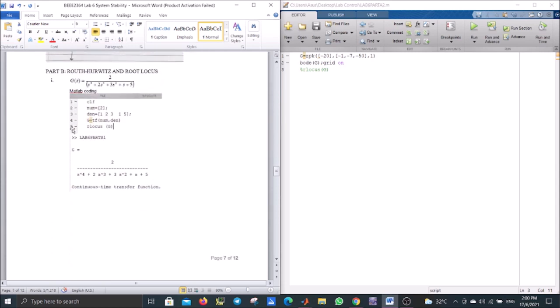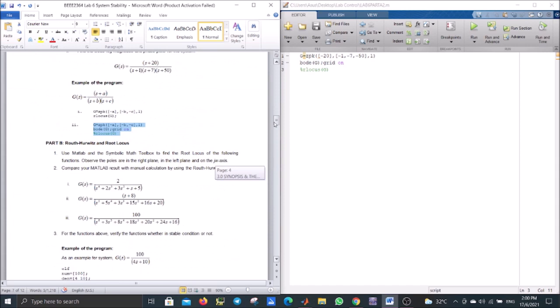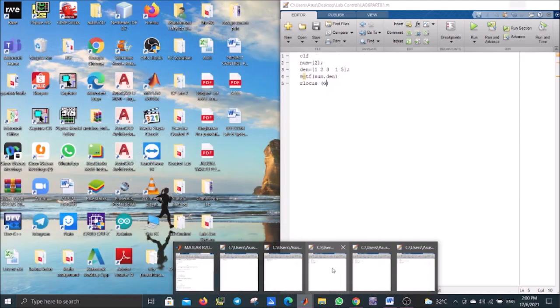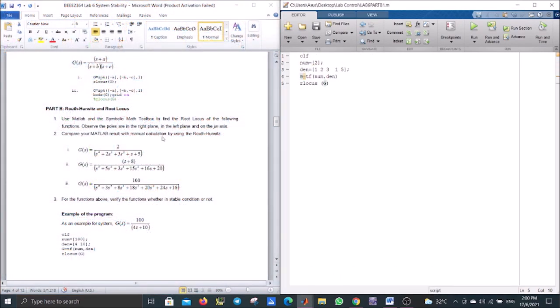So for part B, let's go back up. Part B1. So let me read the procedure for part B. Part B is Routh-Hurwitz and root locus.